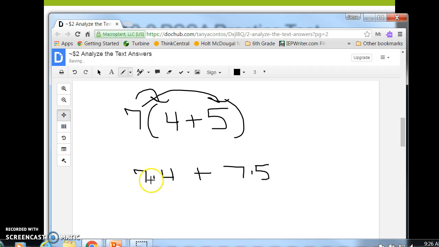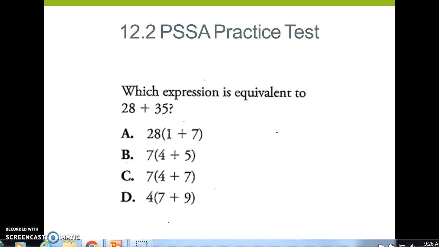We have to follow our order of operations, so we have to do all of our multiplication first before we can do our addition. 7 times 4 is 28, plus 7 times 5, which is 35. So we were looking for the equivalent here, and the correct answer there was B, not A. You didn't distribute the 28 to the 7. I hope I clarified that for you.